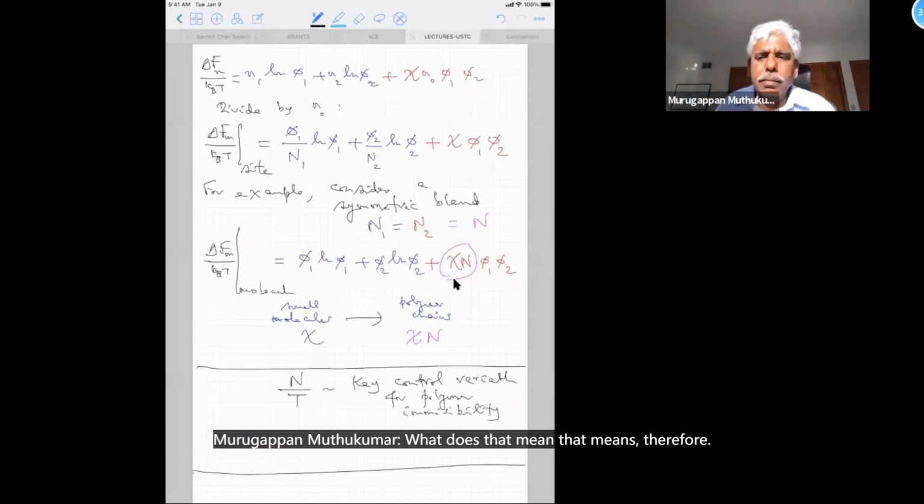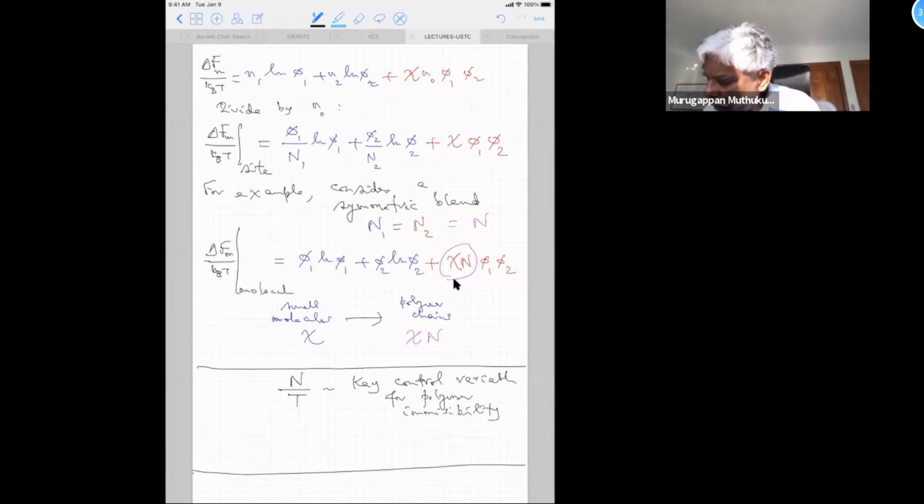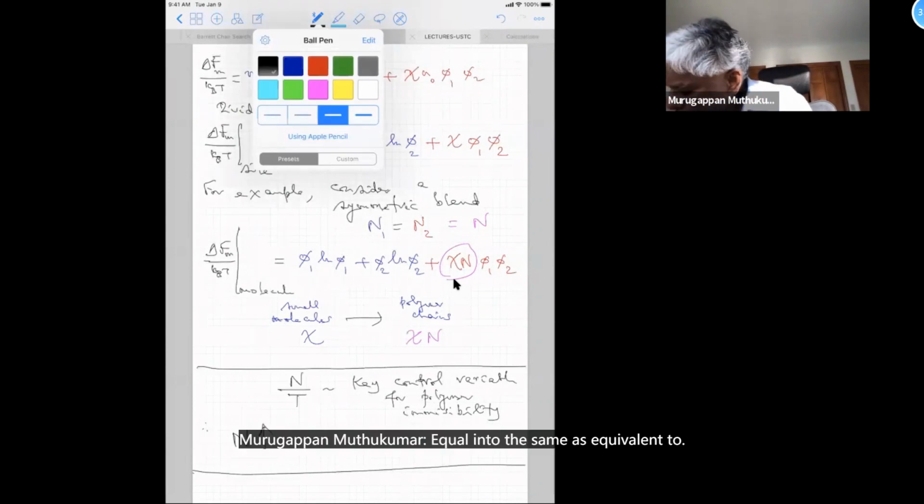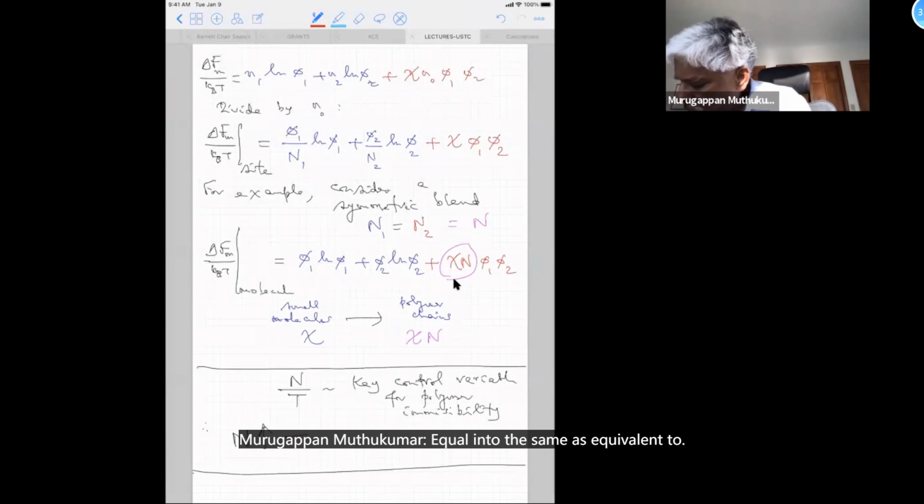What does that mean? That means n increasing, molecular weight increasing, is equivalent to the temperature decreasing.